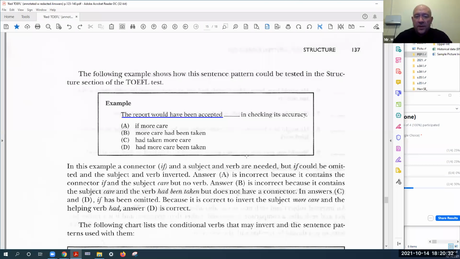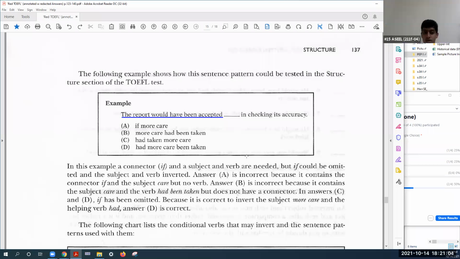So that means the other clause normally has a connector, if, right? So why don't you put if in the blank and complete the clause with if.